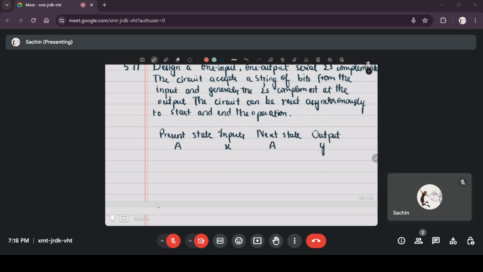So before a 1 has occurred, if you're in the state where a 1 hasn't occurred yet, if a 0 occurs, then you stay in that same state. If a 1 occurs, you go to the state where 1 has occurred. And the output should be a 1. Because when the first 1 occurs, the output is 1.